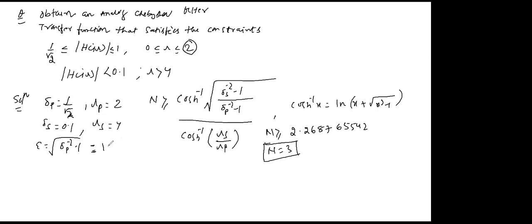Very good, it is 1. Then what is the value of mu? Mu equals epsilon inverse plus square root of epsilon to the power minus 2 plus 1. The value of mu. 2.414, sir. Good.